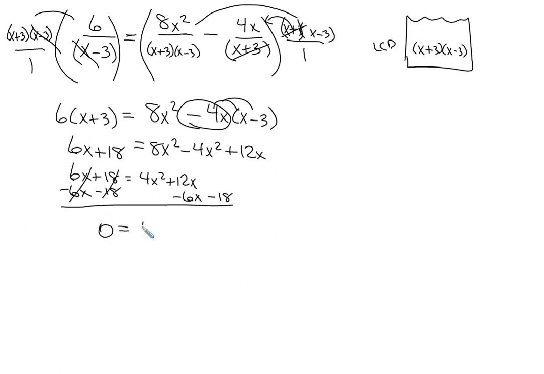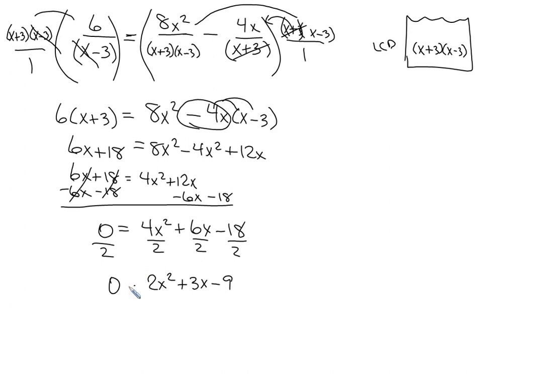Those are gone. We get our 0. 4x squared plus 6x minus 18. The first thing I would do here, guys, is I would divide everything by 2. We're allowed to do that because of the equal sign. 0 equals 2x squared plus 3x minus 9.